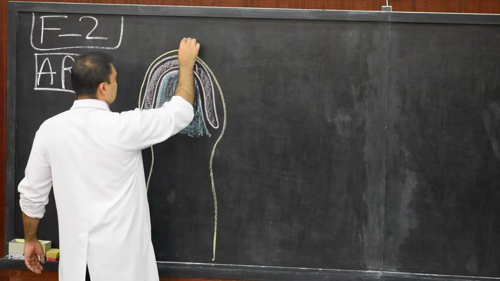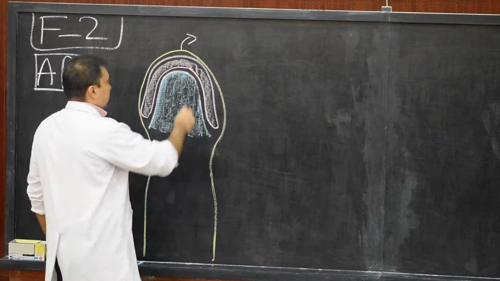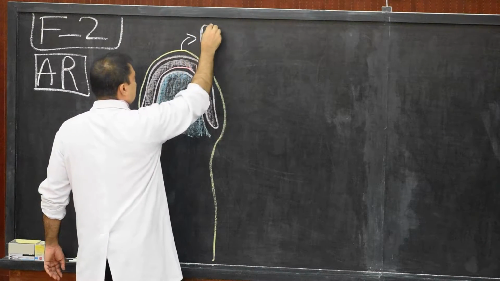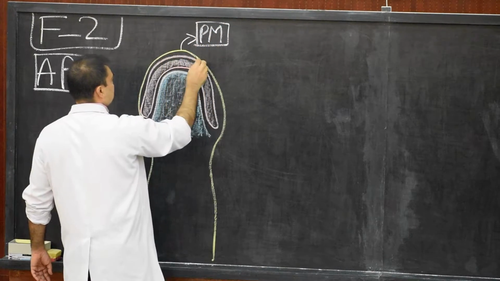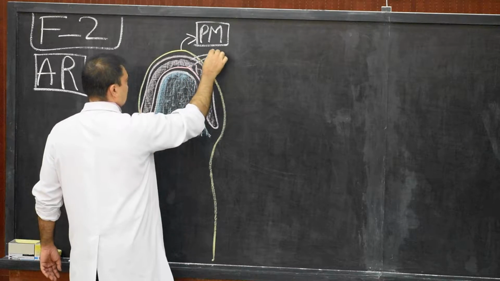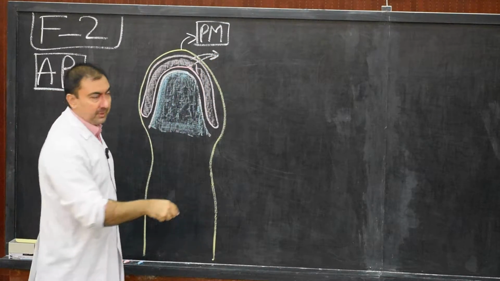The first structure we are going to mark is the plasma membrane of the spermatozoon. The second structure will be the bilaminar membrane of the acrosomic cap.